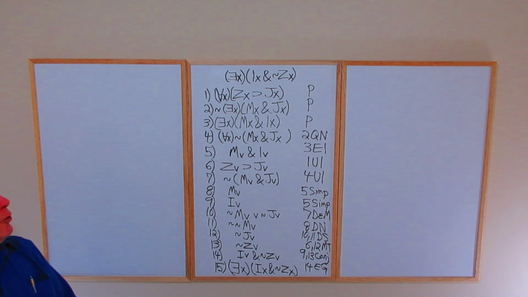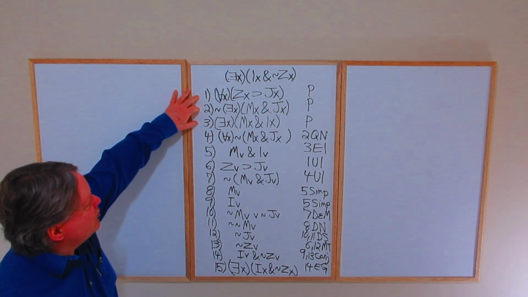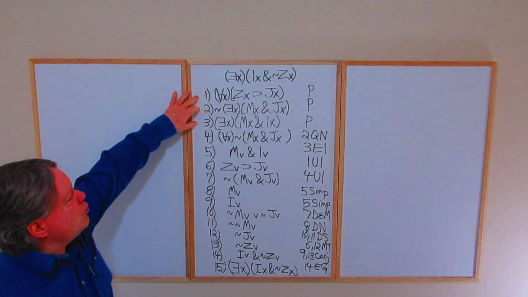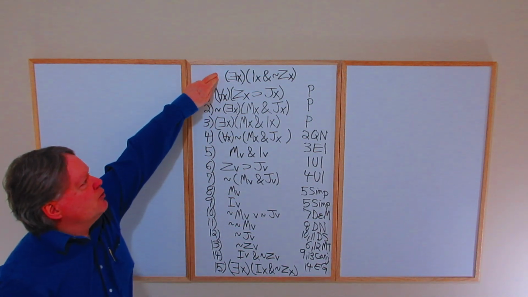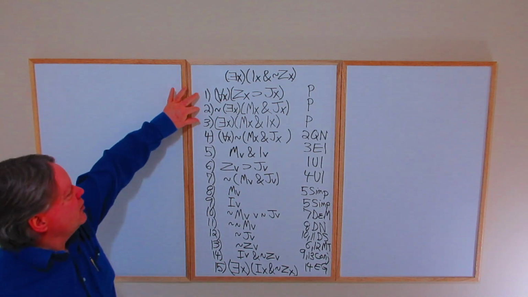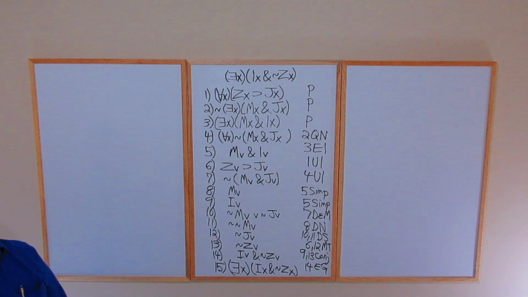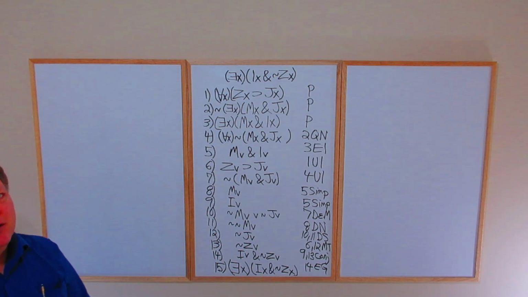So there's our first proof in quantificational logic. If these 3 sentences are true, it's impossible for this sentence to be false. Thus, the inference or argument from these 3 sentences to this conclusion is a valid one.